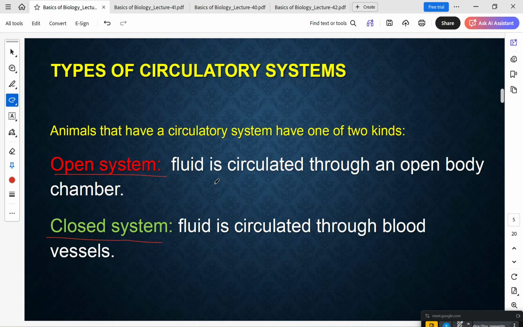The open system is found more in lower vertebrates, wherein the fluid circulates into a chamber, and the exchange is mostly through diffusion, whereas in a closed system the fluid circulates through blood vessels. And in this system, the fluid needs to reach each of the organs, and there is exchange of gases there.